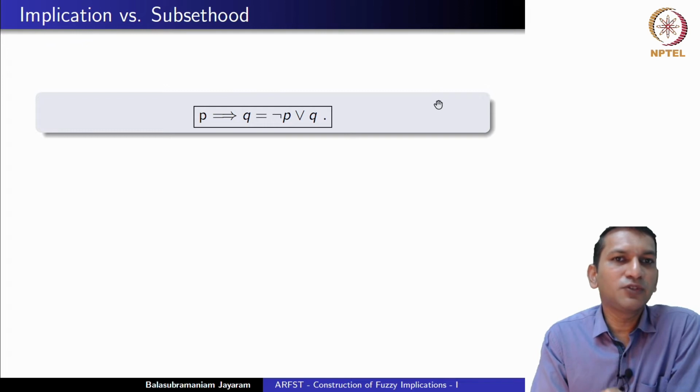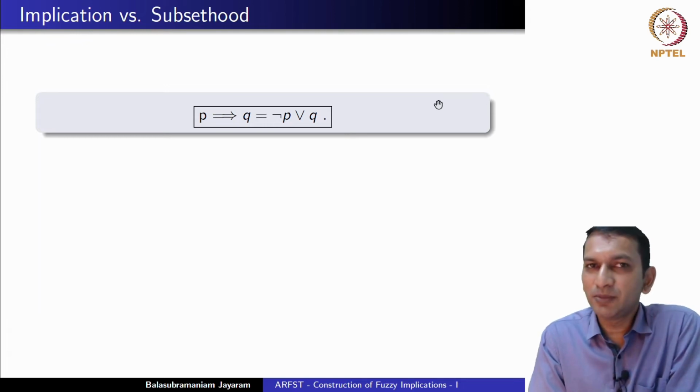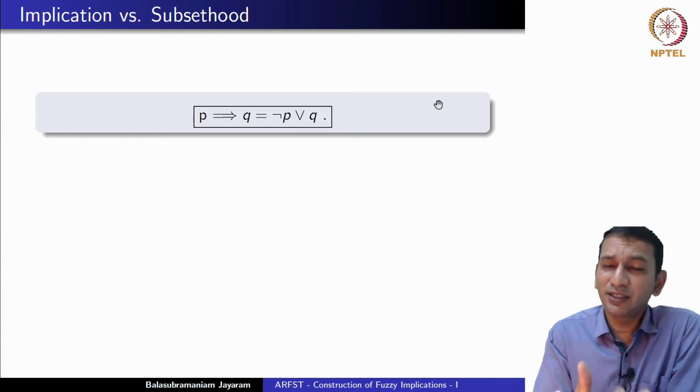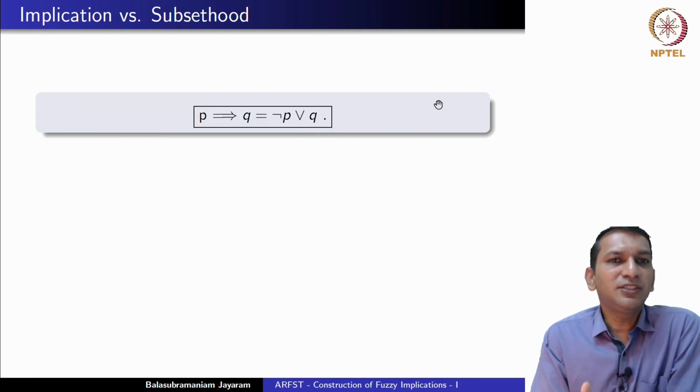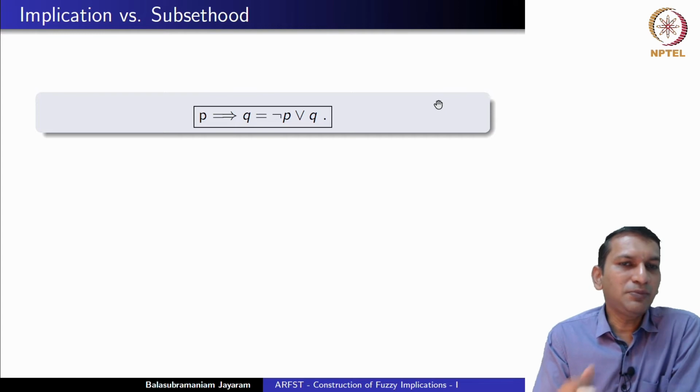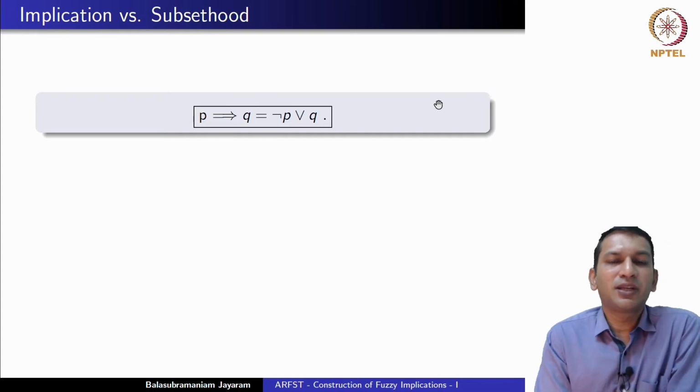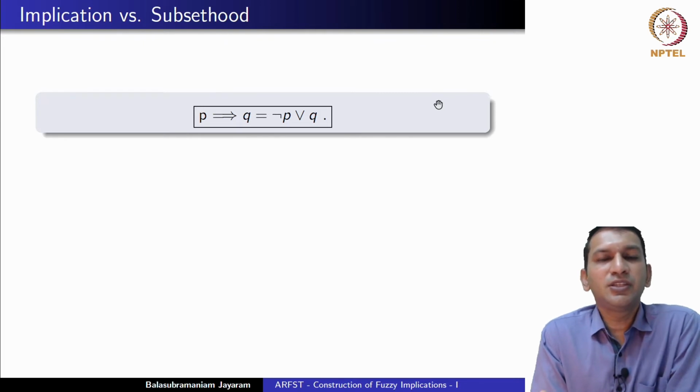That means if P is false, then the conditional doesn't come into picture. The antecedent is no more true, so the conditional doesn't come into picture. So you see that negation P or Q captures this fact and says that whenever P does not happen, still the conditional is valid.